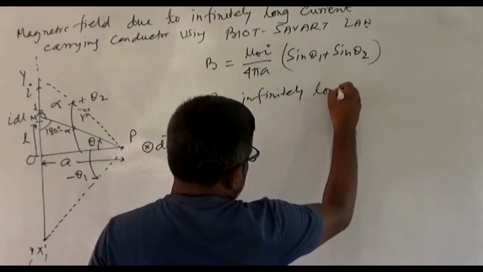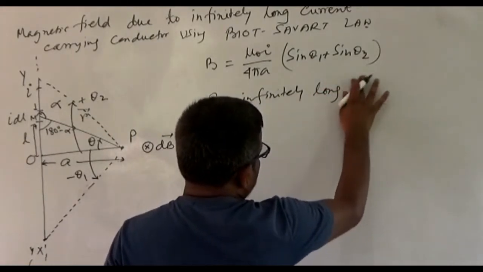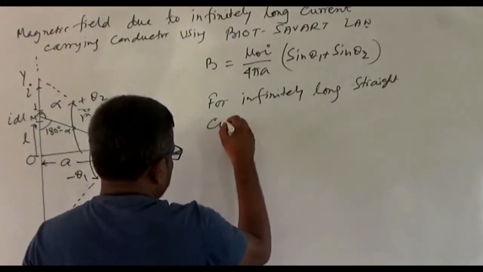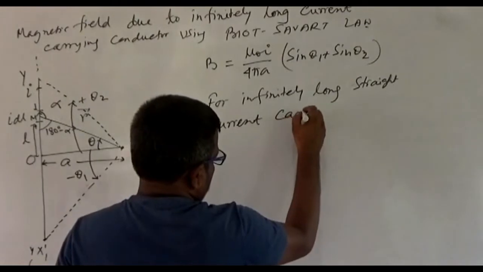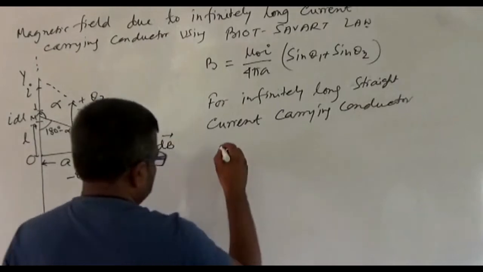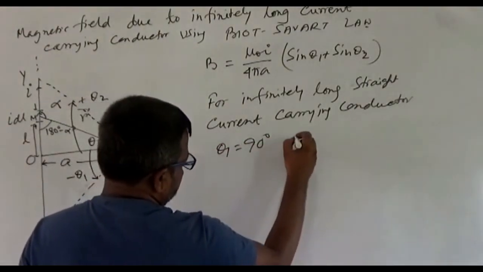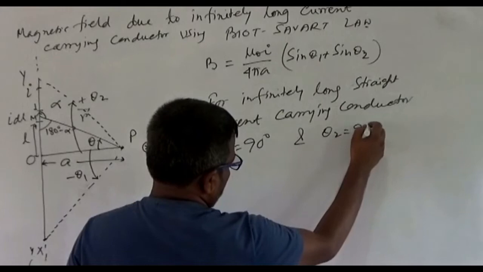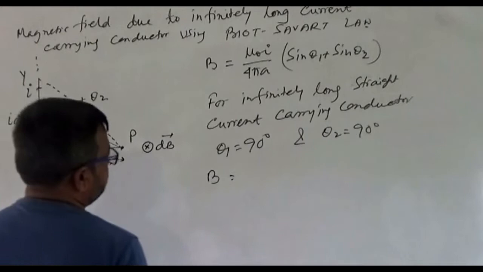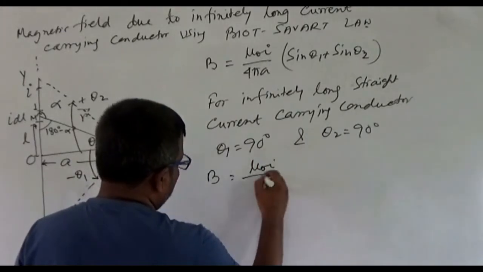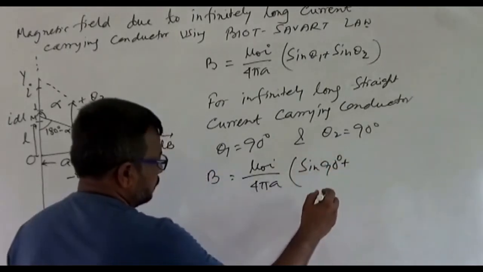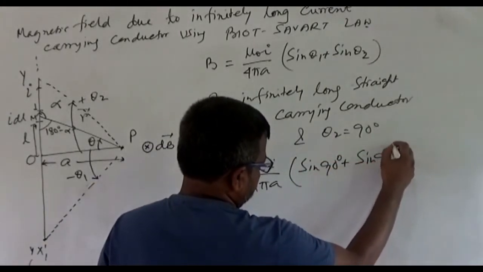That means for an infinitely long straight current carrying conductor, theta 1 equals 90 degrees and theta 2 is also 90 degrees, and in that case the magnetic field at point P is equal to mu naught I by 4 pi a, sin 90 degrees plus sin 90 degrees.